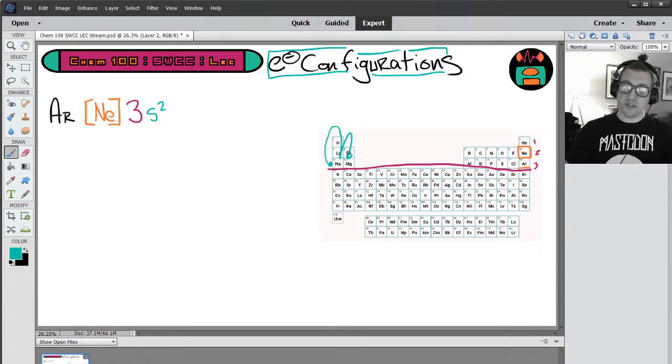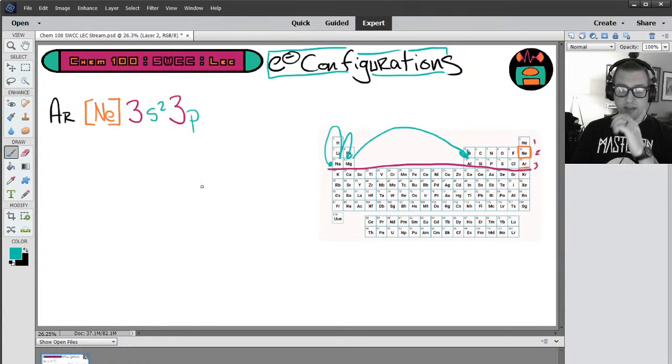But now we're about to jump over from the S block to the P block. So we're still on the third period, but we filled our S subshell.